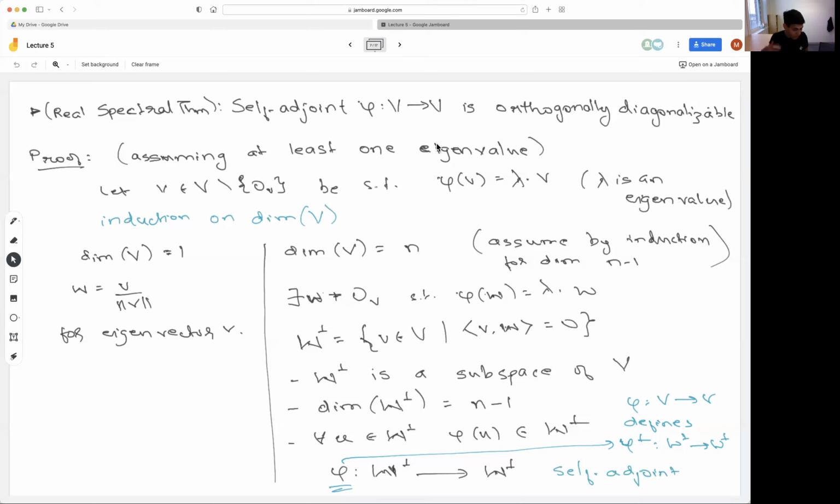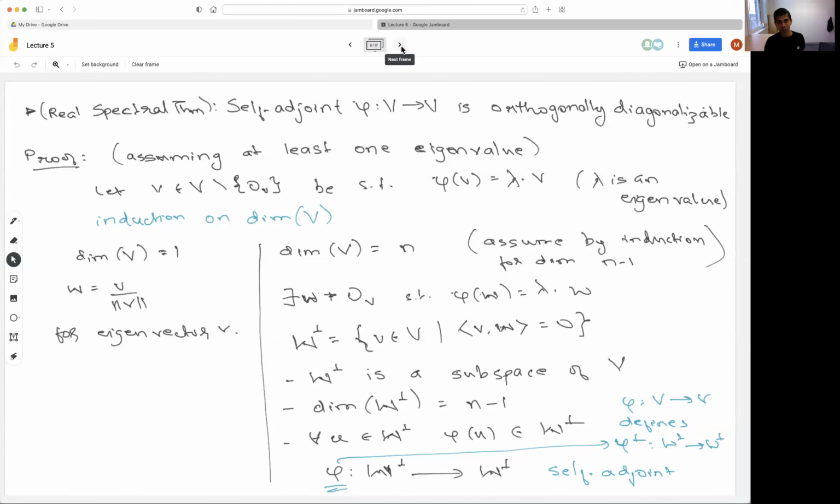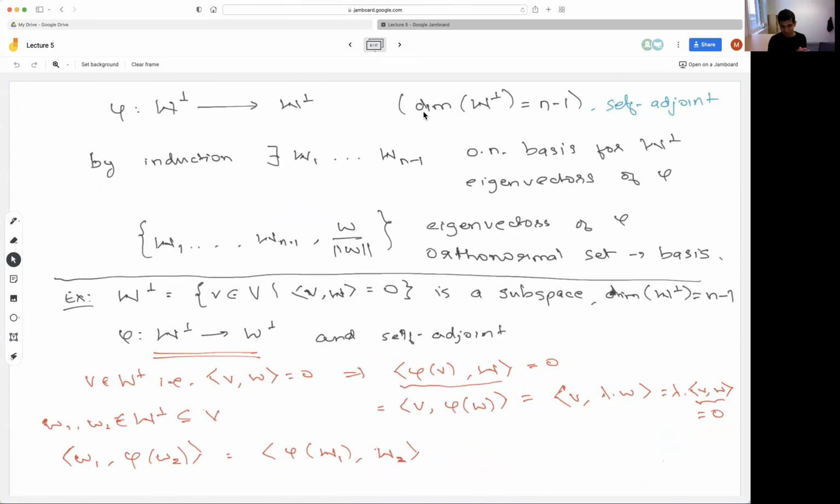But what does this do? It does whatever phi did. We saw this is true because phi takes vectors in W perp to the same space. It doesn't map them outside and is still self-adjoint. So this phi perp is formally a different transformation, but it does exactly what phi did.